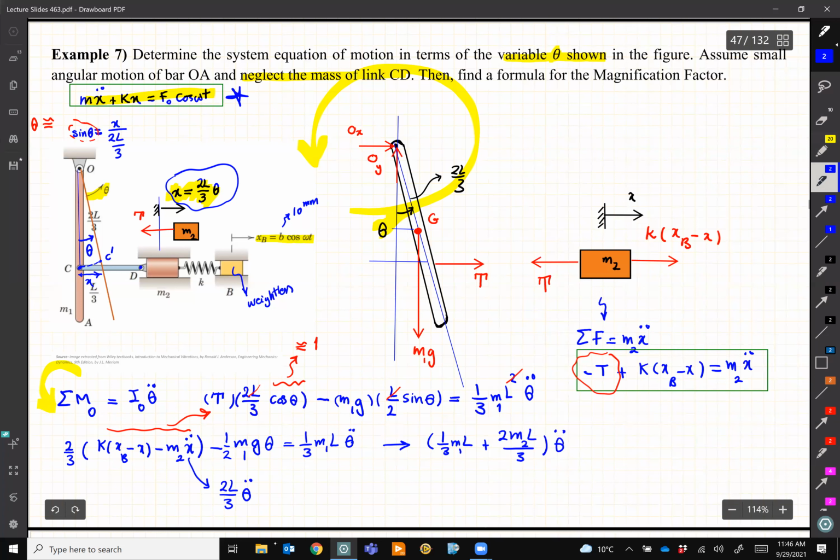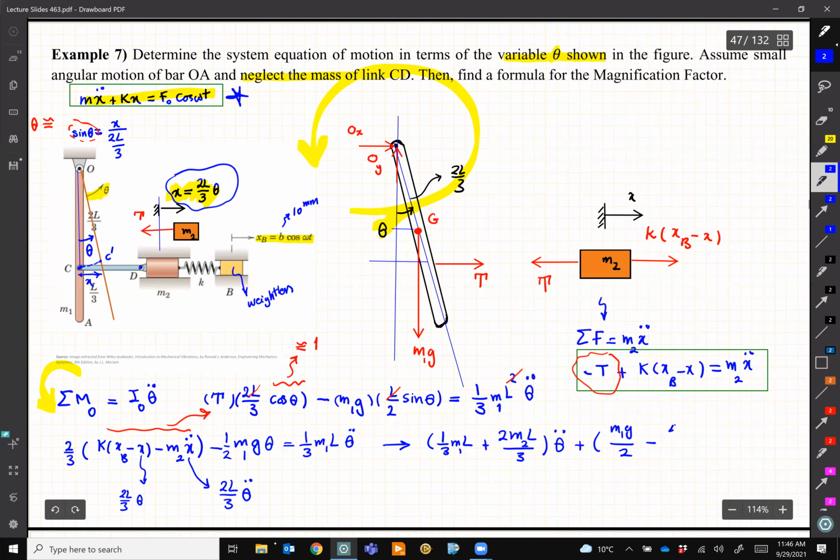Theta double dot plus, then whatever is left here, I'm going to have m1g/2 minus, oh, this one also x, we know it is 2L/3 theta.